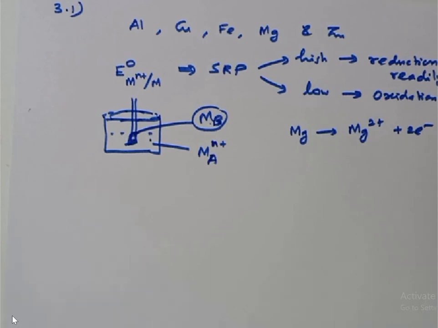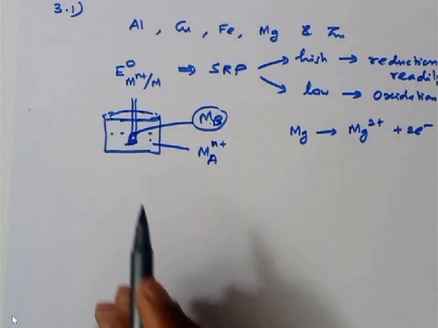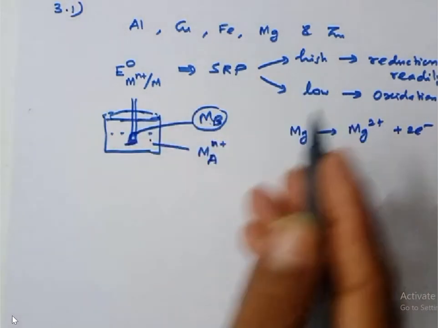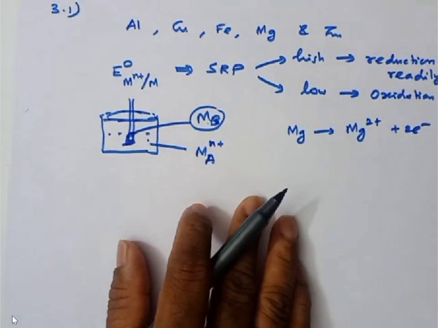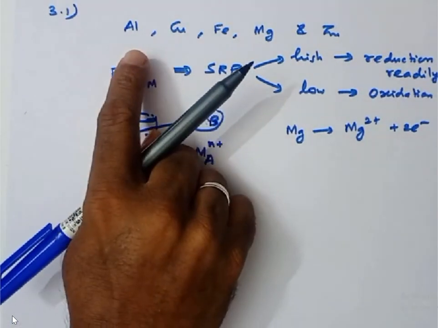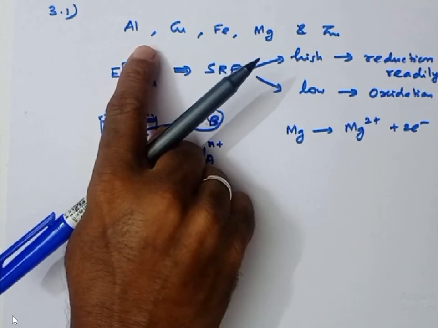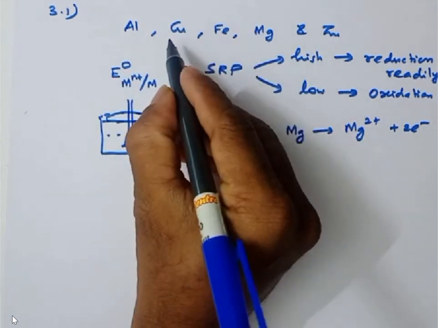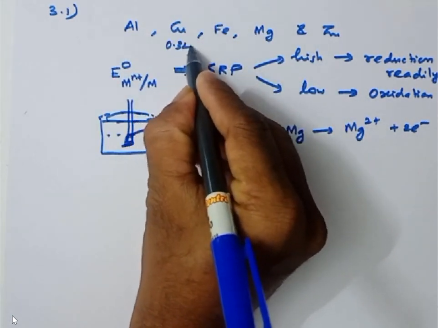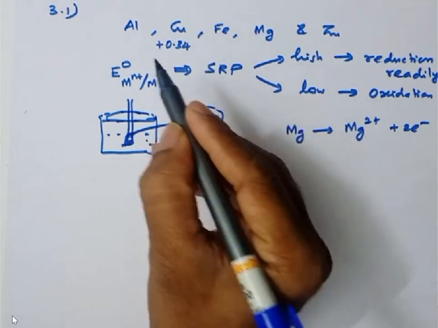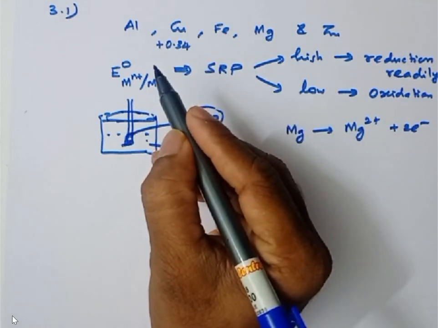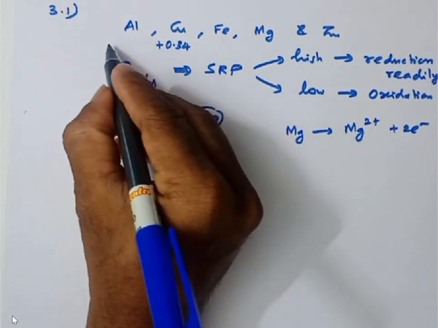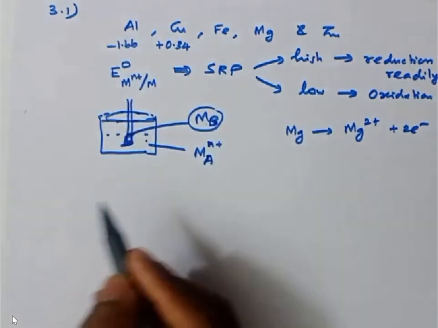So I'm going to give you the SRP values of these metals. SRP value for copper is plus 0.34 volt, and for aluminium the SRP value is minus 1.66 volt.